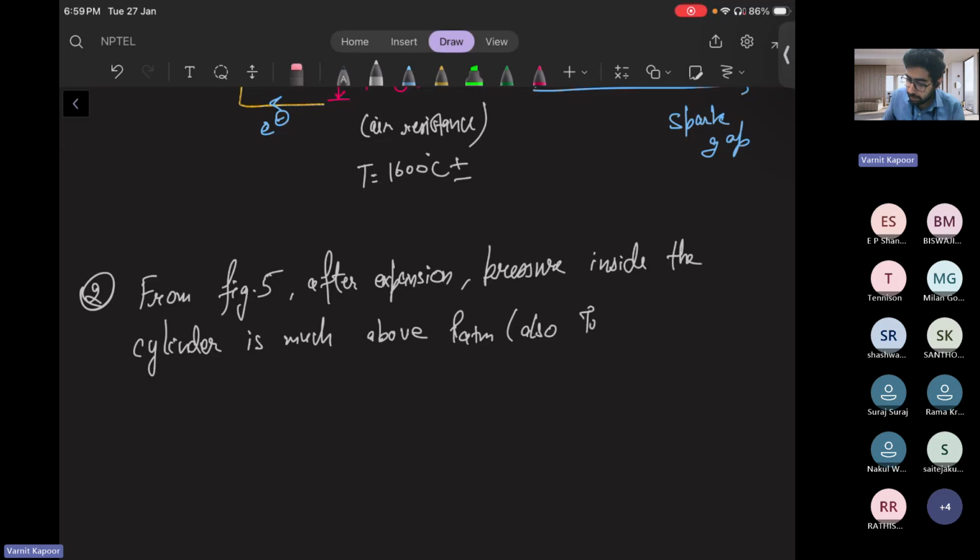Also, the temperature is very high. Okay.